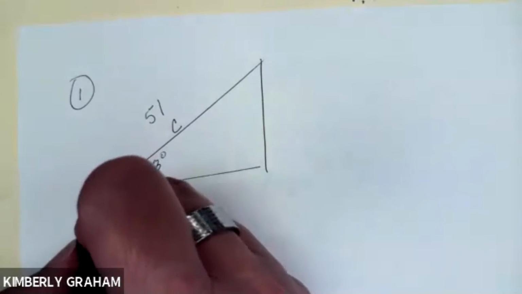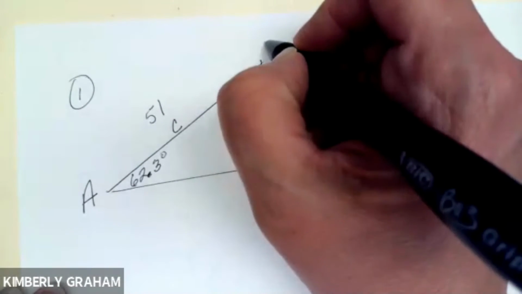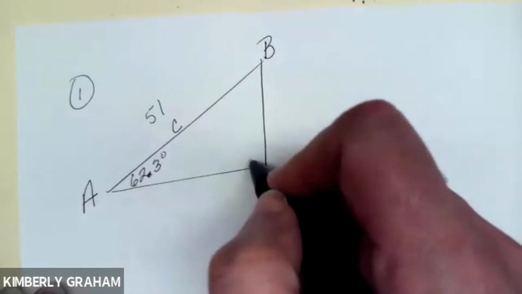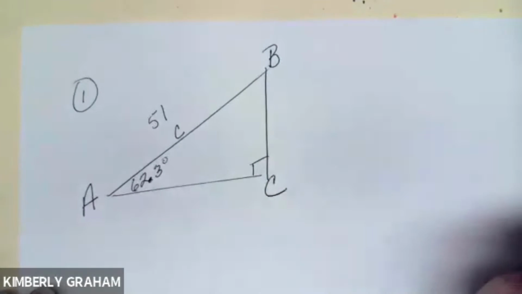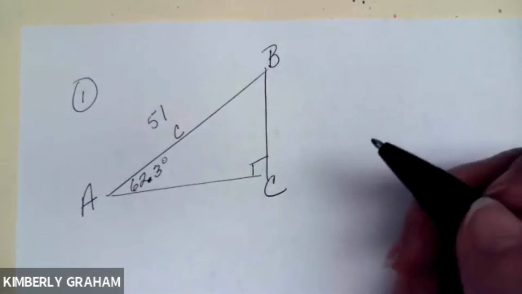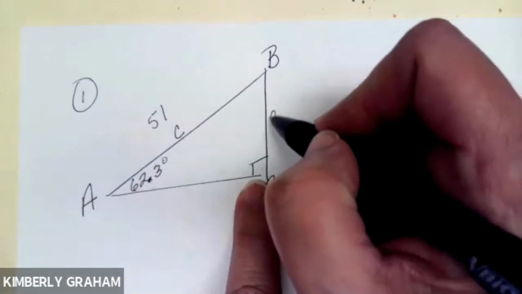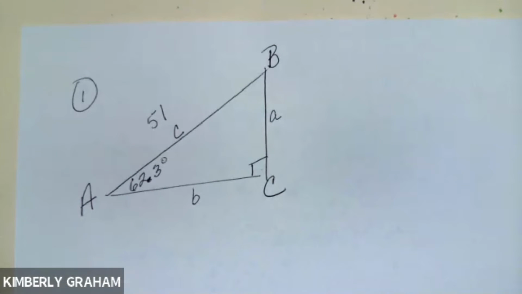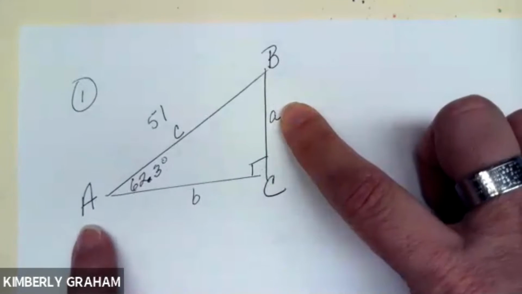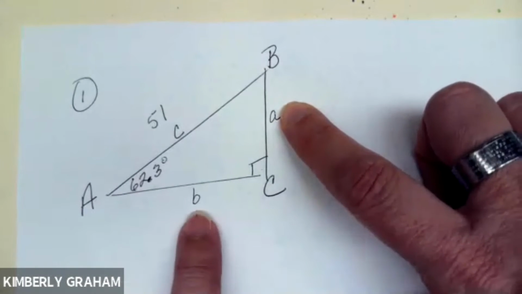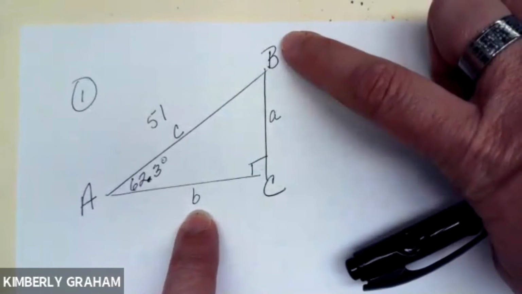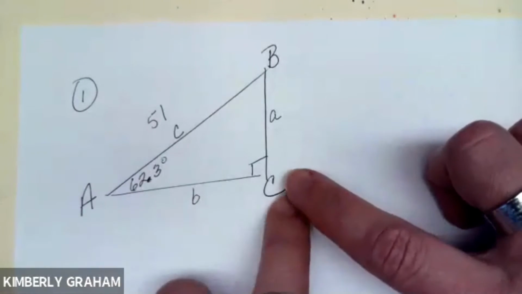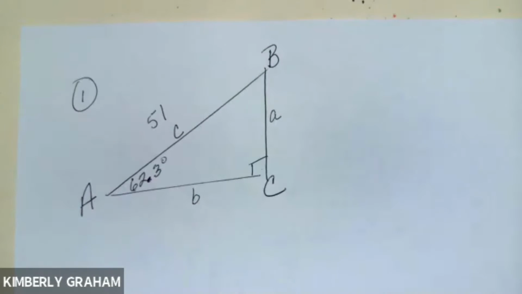This is point A, up here is point B, and this right angle is point C. This is going to be little a, and this is little b. And notice that there's a certain way that these go. Side a is opposite angle A, side b is opposite angle B, side c is opposite angle C.